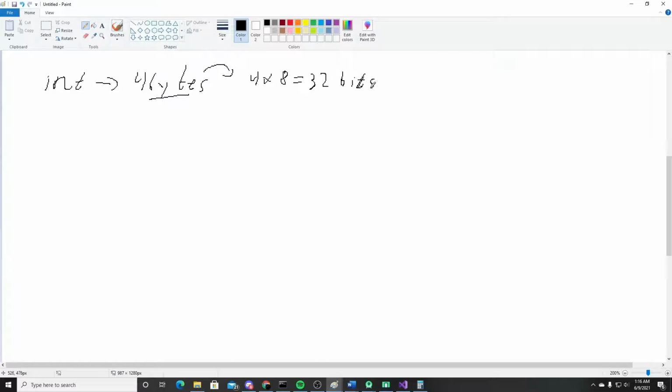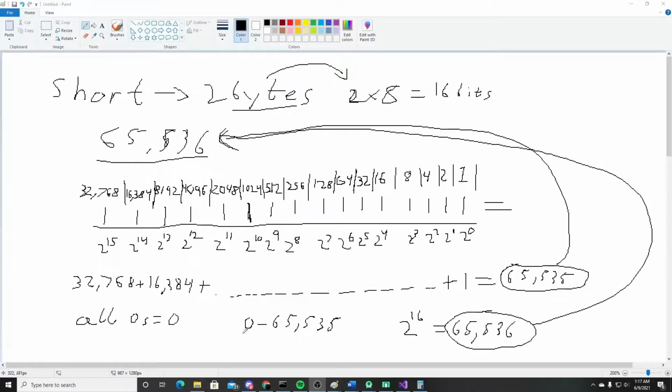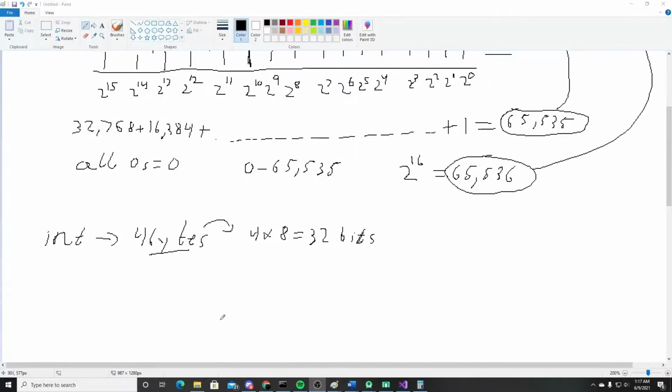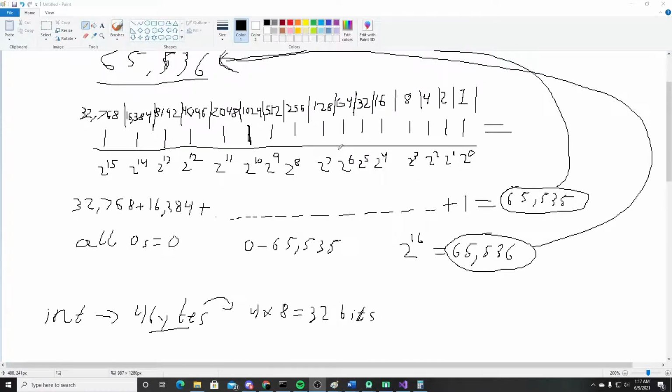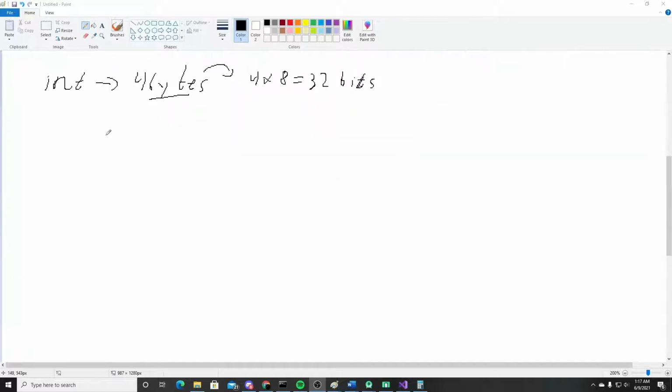That represent an integer. And so again, we could do all the same work we did up here for a short, down here for an integer, and you would see that all the same ideas, the same rules for binary apply, obviously, because this is all in binary. But if we want to calculate real quickly, the quick and dirty way to figure out the range of values an integer could represent is to just do 2 to the 32nd.